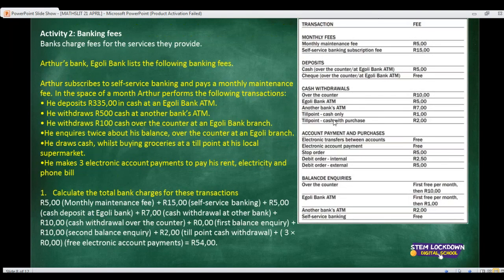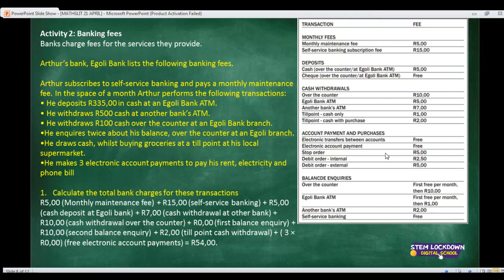But if he withdraws cash along with a purchase, so suppose he's buying groceries, and whilst paying for the groceries he's withdrawing cash, that charges him R2. So to reduce his banking fees, he'd make sure that next time he only withdraws cash, then after withdrawing cash, he will pay with that cash for the purchase instead of doing both at the same time, because the fees are more.